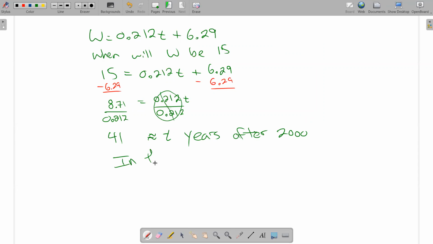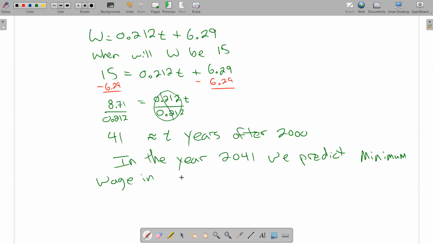All right, so in the year 2041, we predict minimum wage in Washington State to be $15.